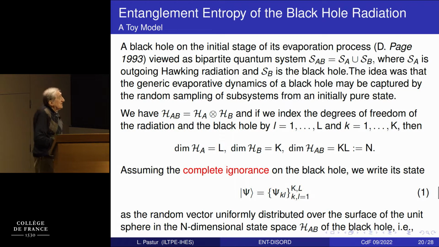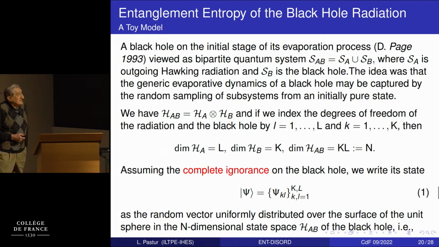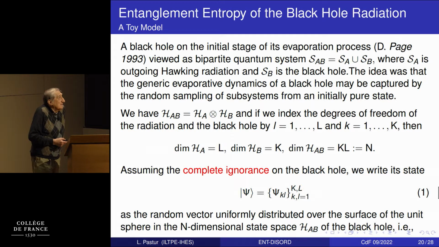The proposal of Page was quite simple. Since we know nothing about black holes, and in 1993 not much was known, at least theoretically, we assume the black hole is in a state like a microcanonical ensemble, statistically speaking, just a vector of the space.